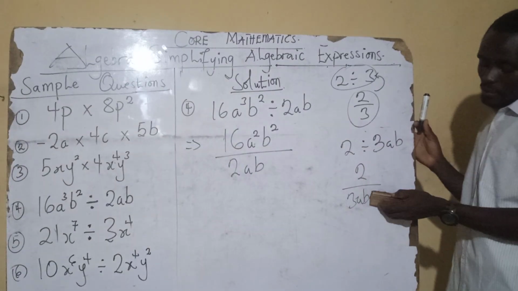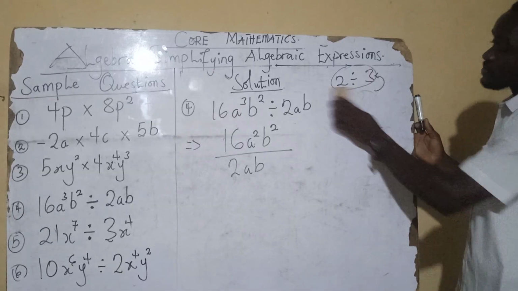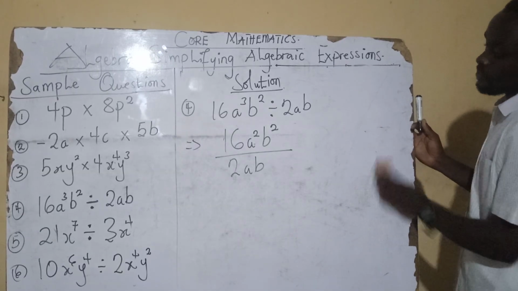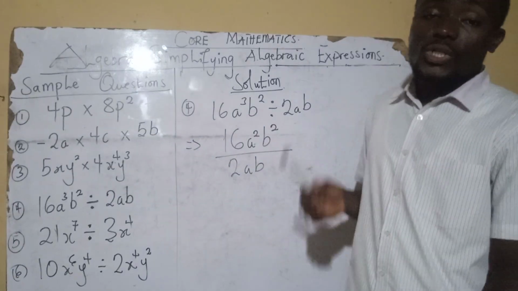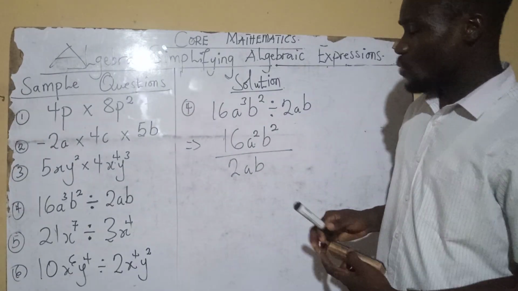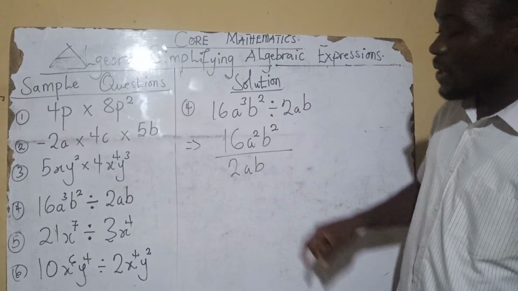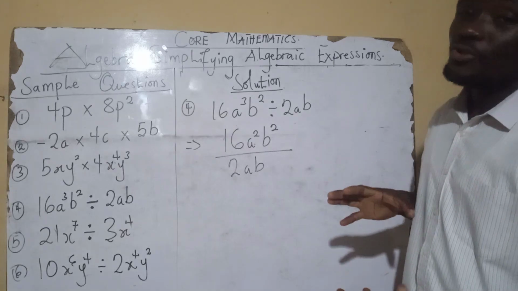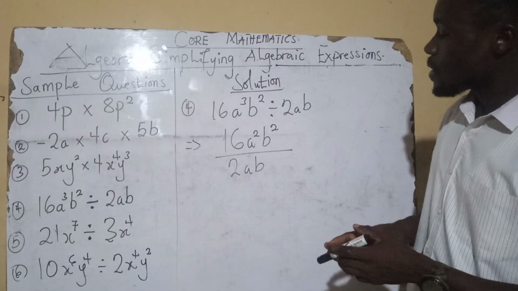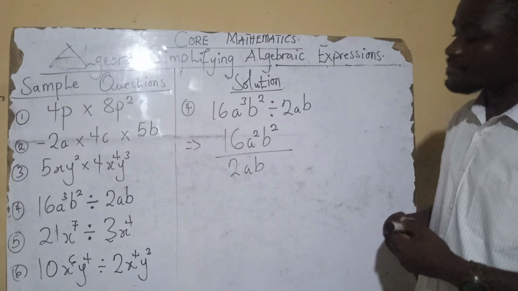Very good. So from here, we can continue. What we are going to do now is split individual components with respect to their terms so that you understand it well.